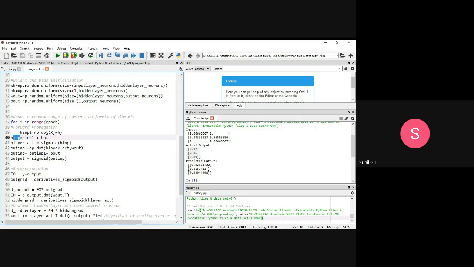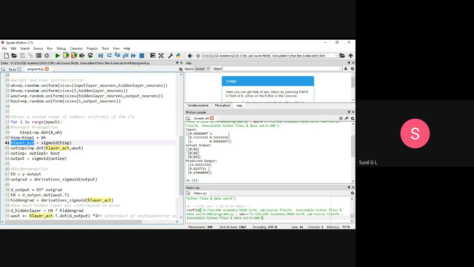When we apply the sigmoid function, this is the output of the input layer. That output of the input layer, multiplied with the weights, will be the input of the hidden layer.